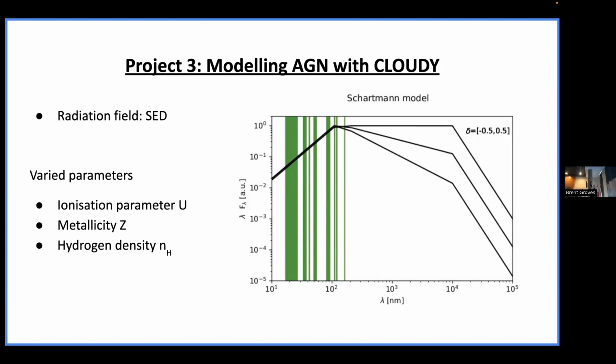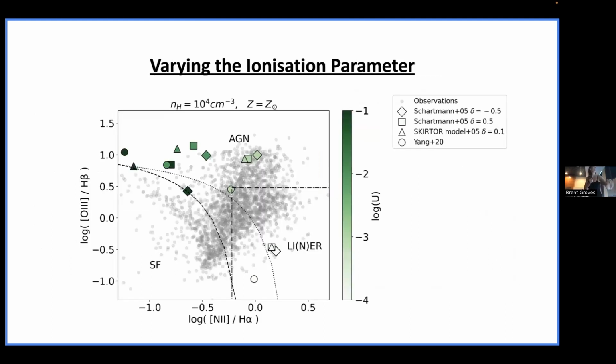Additionally, we also varied the same parameters as the H2 region group: the ionization parameter, the metallicity, and the hydrogen density. This is the result with the ionization parameter. The light colors here are lower ionization parameters, and the dark green are the highest.